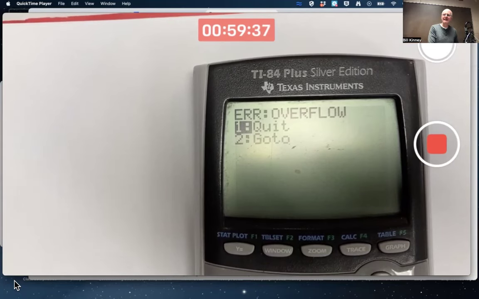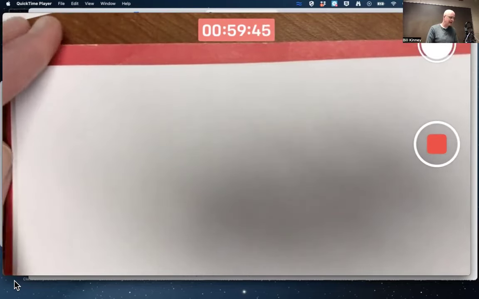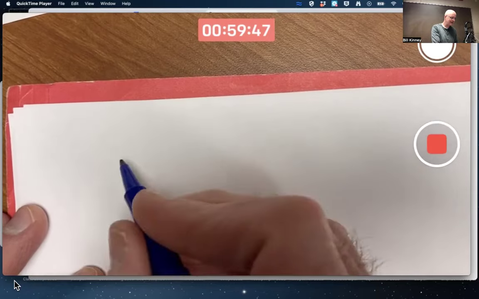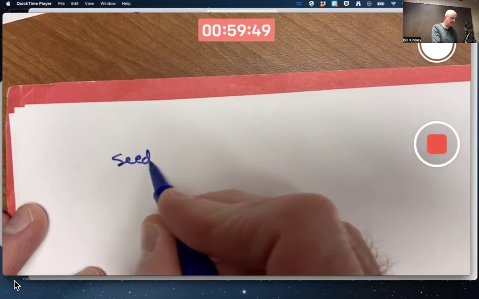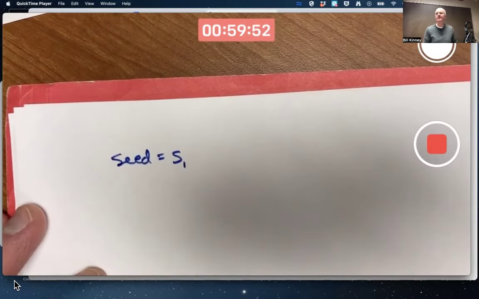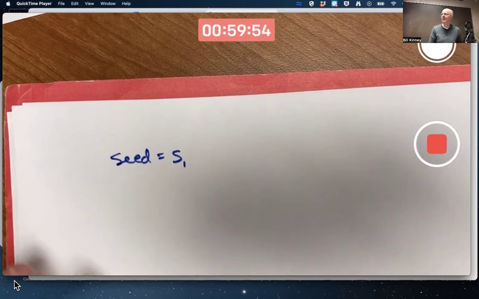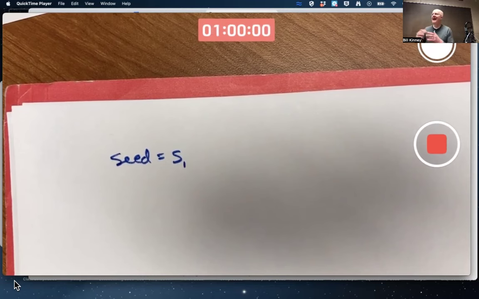But how can I write that down? Not so easily with a direct formula. It is actually possible, but not so easily. But I can write down an indirect formula. I've got a seed, S1, the first term, also often called an initial condition. And in that context, you'd often label it S sub 0, the 0th term.